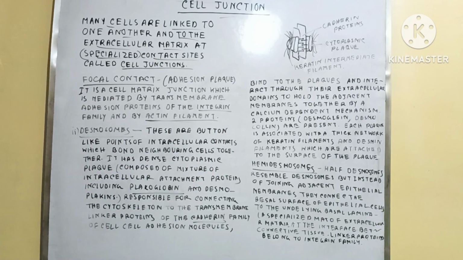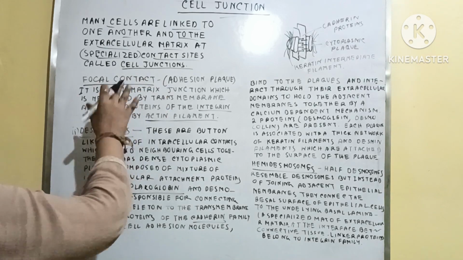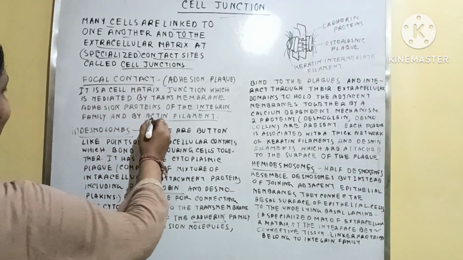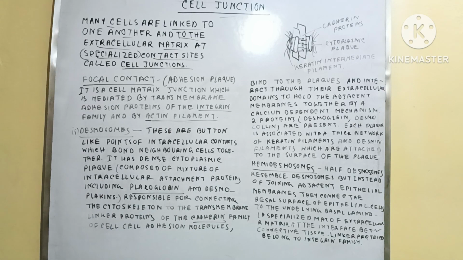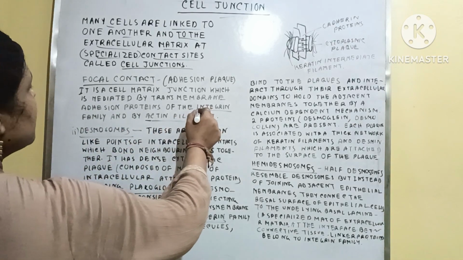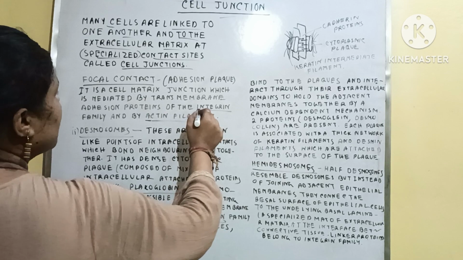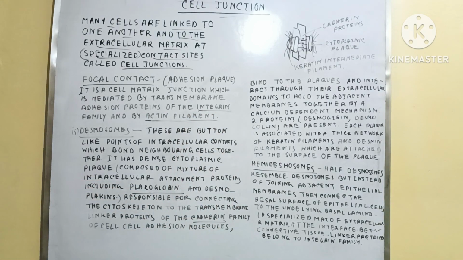Clear? And this is obviously part of the adhesion junction. So this type of junction is generally formed by actin filaments, and the proteins present belong to the integrin family.